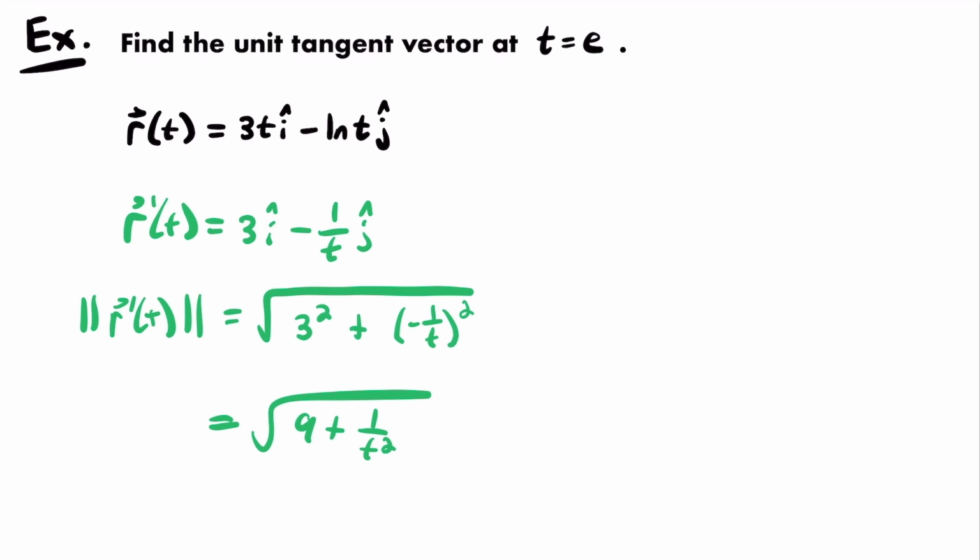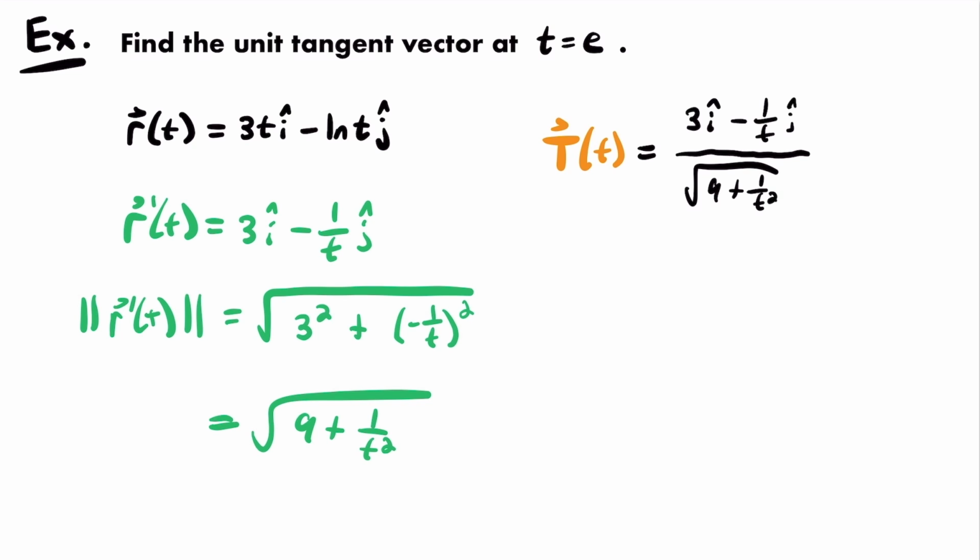Remember that it does have its own special notation. We have capital T of t is equal to the derivative of our vector function divided by its magnitude. So we'll have 3i minus 1 divided by t times j divided by the magnitude, which is the square root of 9 plus 1 divided by t squared.